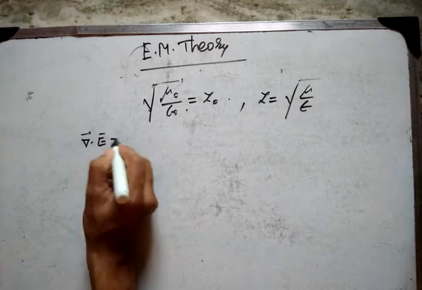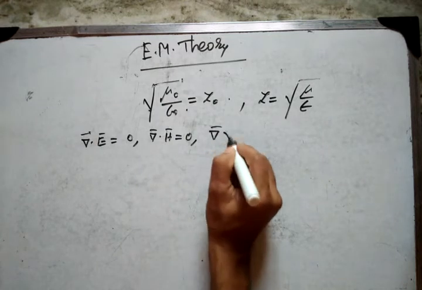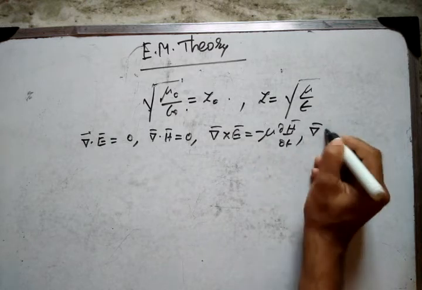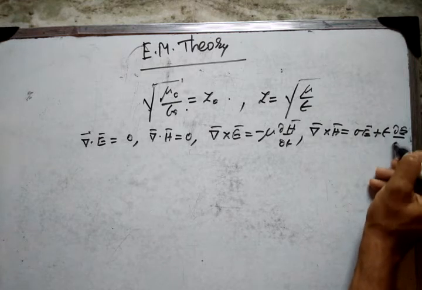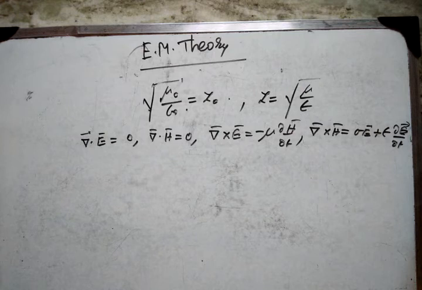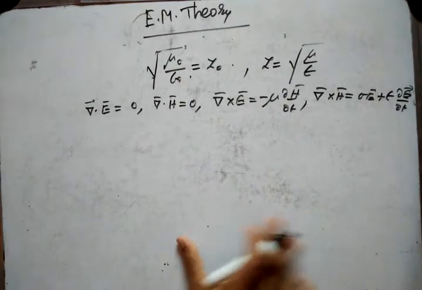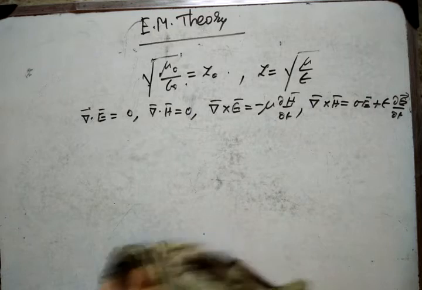The first equation is divergence E equals 0, the second equation becomes divergence H equals 0, the third equation becomes curl E equals minus mu del H del T, and the fourth equation becomes curl H equals sigma E plus epsilon del E del T. We have taken rho equals 0, because in case of a conducting medium we have no need to take the static charge density.